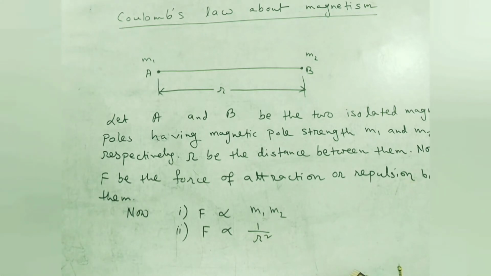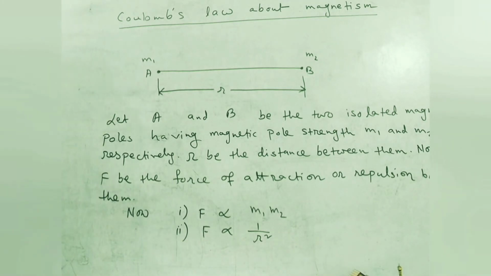Now F is directly proportional to M1 M2, and F is inversely proportional to the square of the distance between them. That is, if the pole strength of the two magnetic poles is increased, then the force between them also increases.